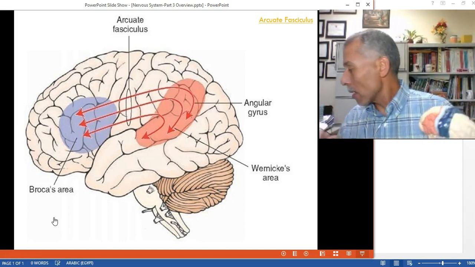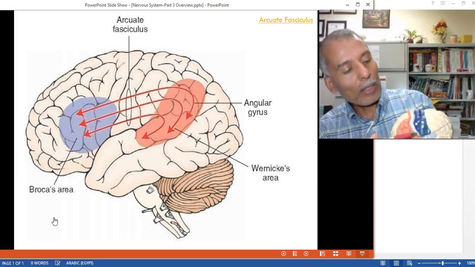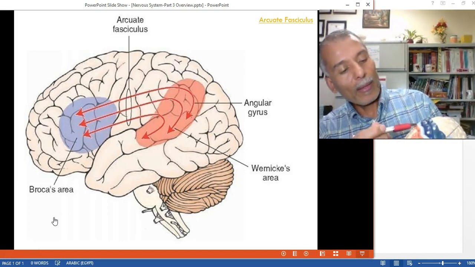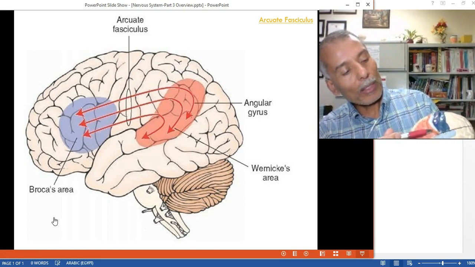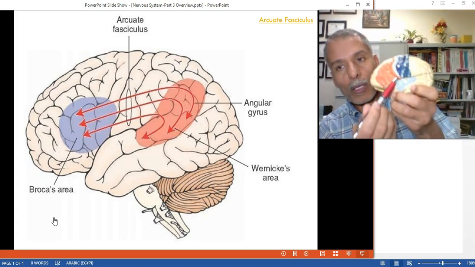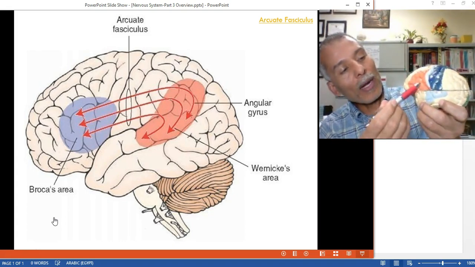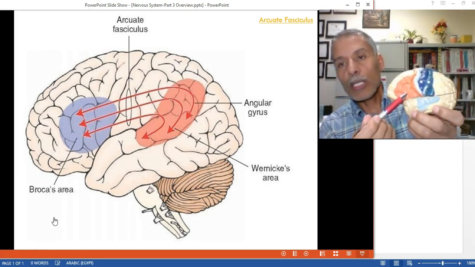So you have here that gray area, the motor cortex. And then that area in front of it is the premotor cortex. And this is the foot, the lower part of the premotor cortex. In front of it here is Broca's area.